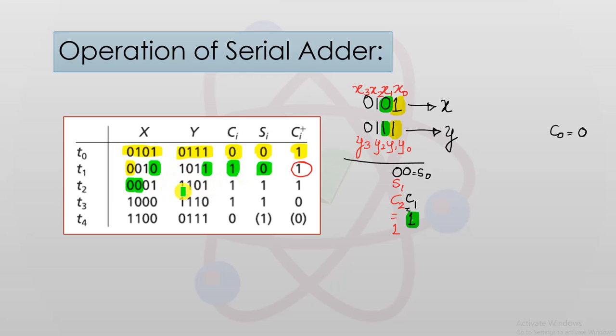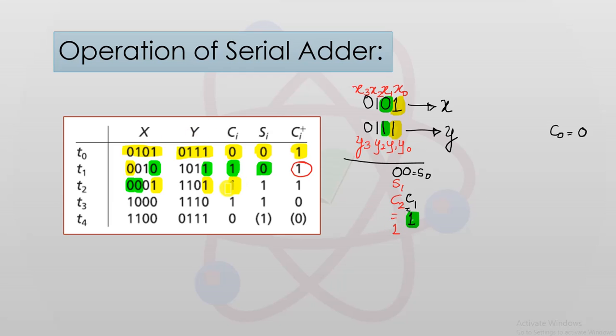Simultaneously, we are going to have another cyclic shift of the contents of the addend register, so that at this particular time Y2 appears at this point, and we have X2 appearing at this particular point. And this carry C2 equal to 1 will appear here.